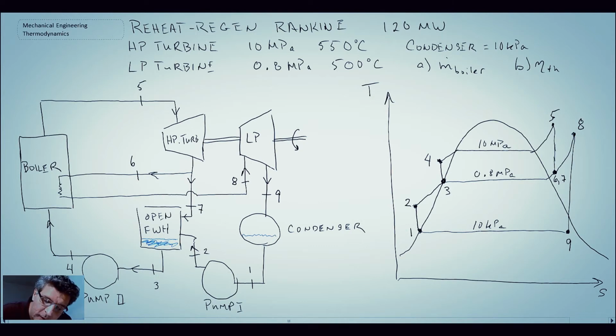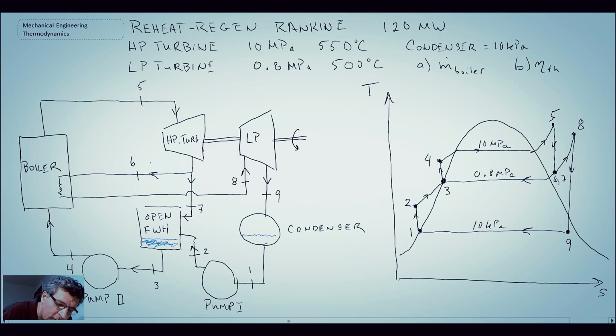Now I'm going to draw arrows onto our diagram to show the direction of the fluid flow. The other thing I need to do is assign the mass fractions, because we're stripping some of the mass out and not all of it is going through our system. When we come out of the high pressure turbine, we have 100% mass flow rate, but then we split into two streams.